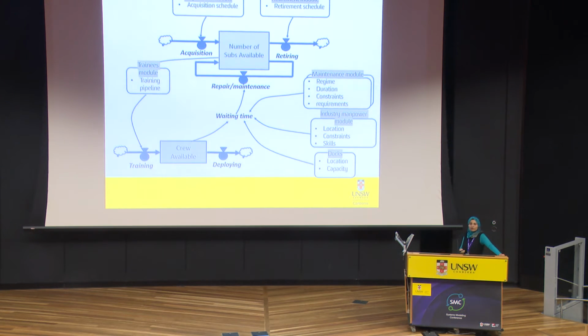And there's a number of feedback loops here. For example, if the subs wait long time before they are able to go to operations, this means that there are less trainees generated, which means that over time there will be less crew to man the subs, which means more waiting time. So that's the beauty of this modeling approach.